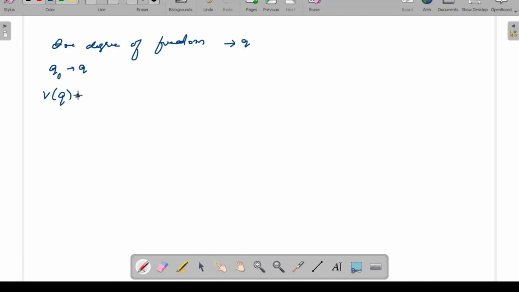Any function about an equilibrium point can be written in terms of a Taylor series.